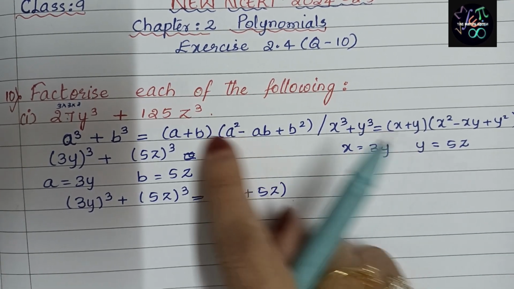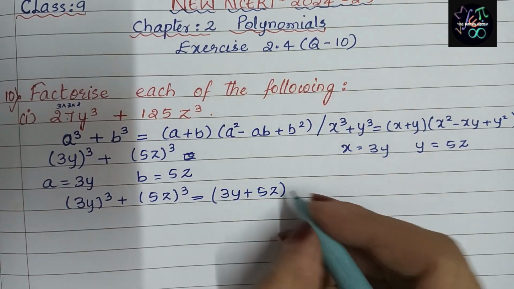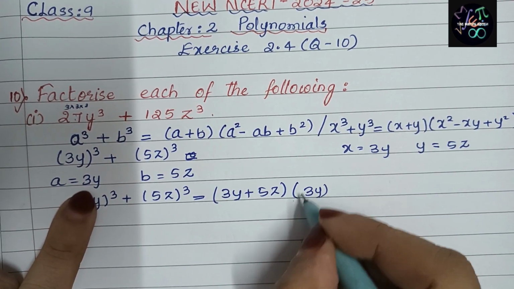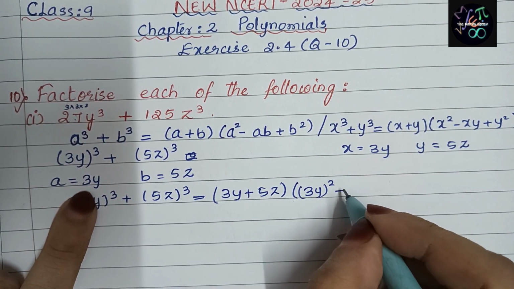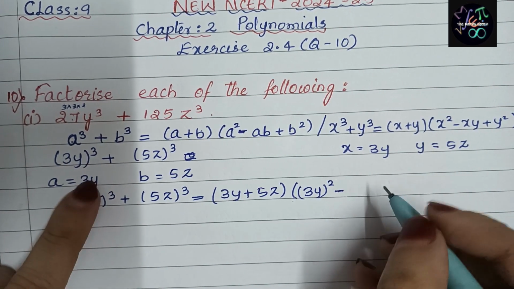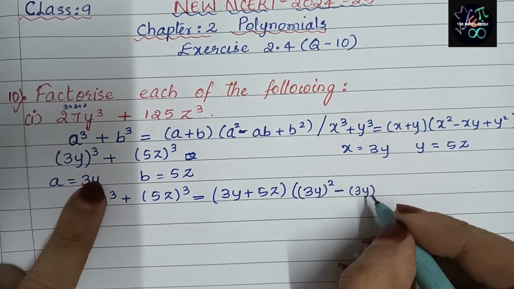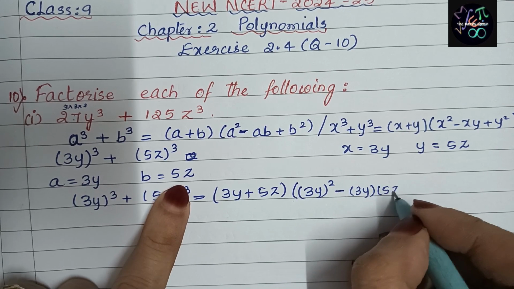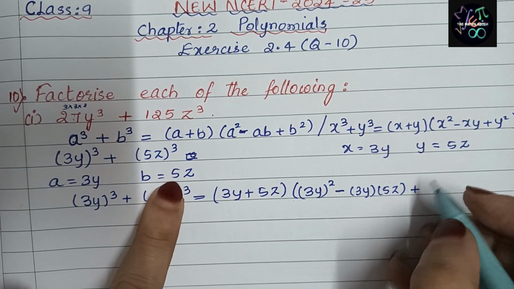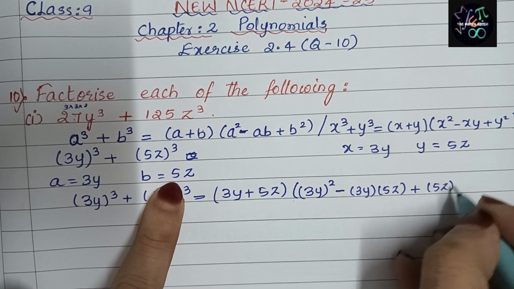So here a plus b is 3y plus 5z, then the formula a square: a value is 3y whole square, then the minus sign in the formula, so minus a into b, 3y into 5z, then plus sign, plus b square, 5z square.